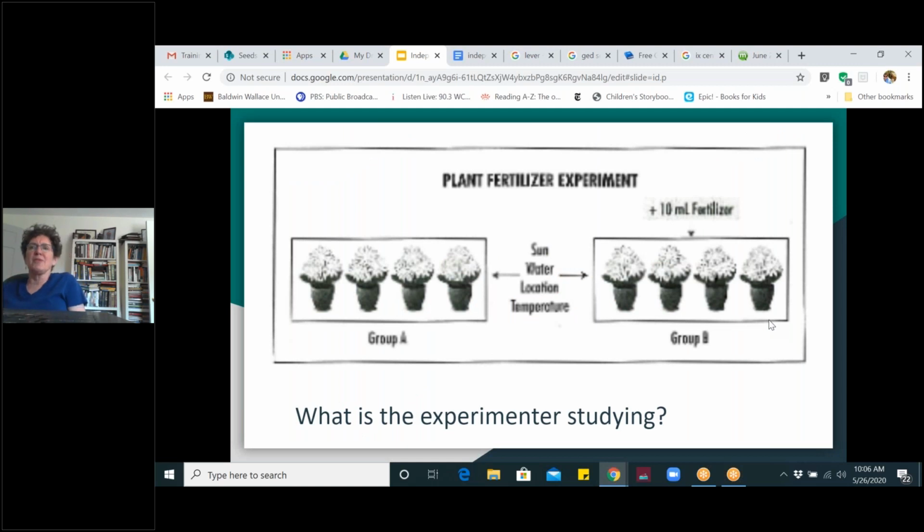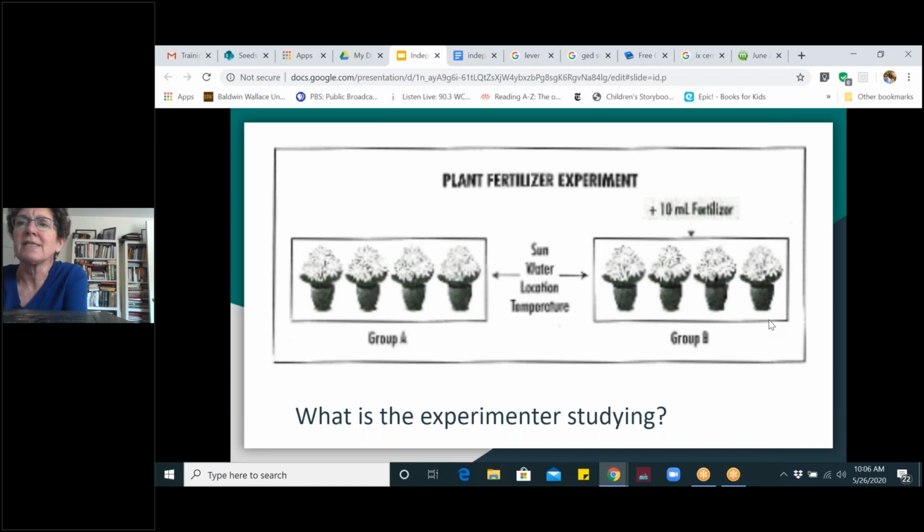So this is a picture of an experiment that someone was doing, and they called it the plant fertilizer experiment. We see that we have group A off to the left and group B to the right.